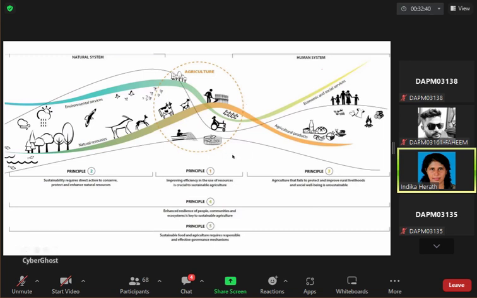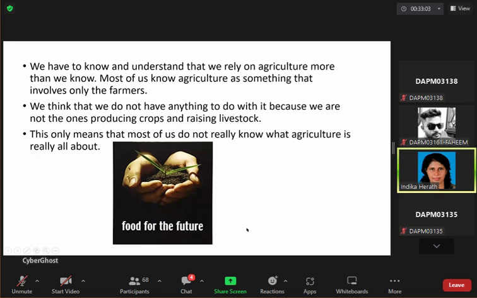In this intermediate process, what we do is we bring the natural system in a way that we want. So that means there is involvement of both human and natural. There are some properties of the natural system. We have to know and understand that we really need agriculture.